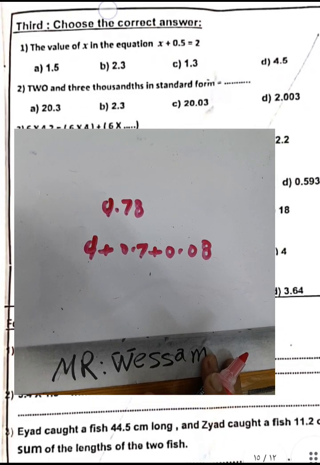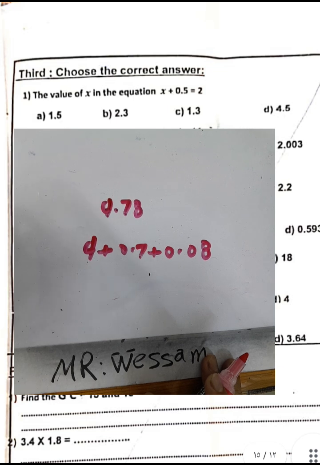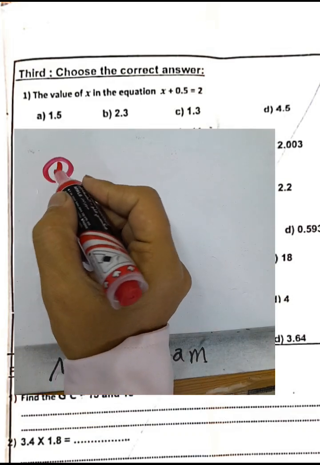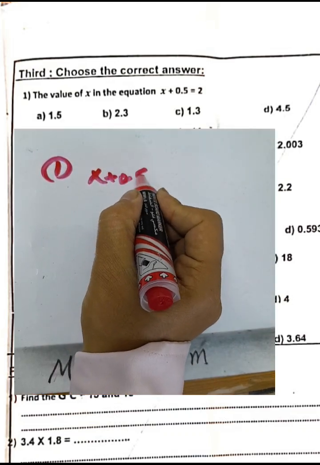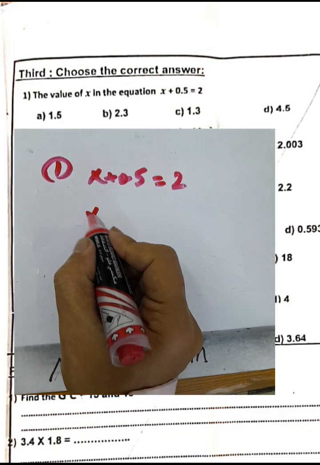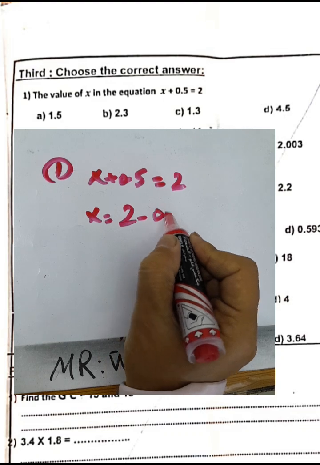Next example, number 1. The value of x in this equation: x plus 0.5 equals 2, then x will be 2 subtract half, which is 1.5.